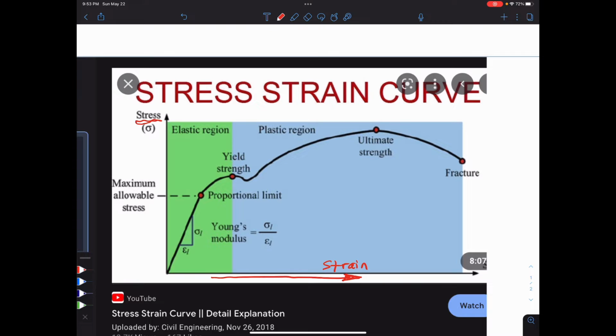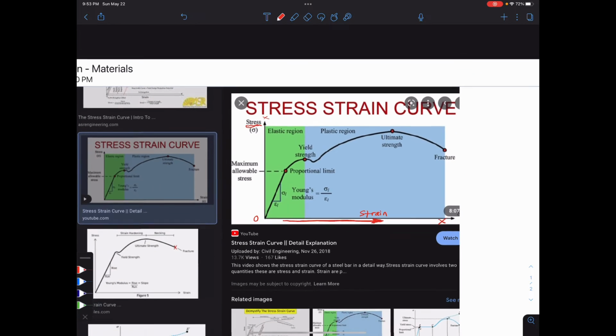As we get higher up here, we're starting at 0 stress and 0 strain, and as we get higher on this line, we're going to maximum stress. And as we go further to the right, we're talking about higher strain. So let's define what stress and strain are. Set that aside for a second.